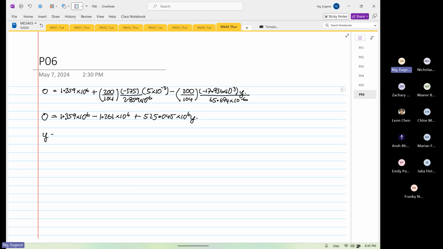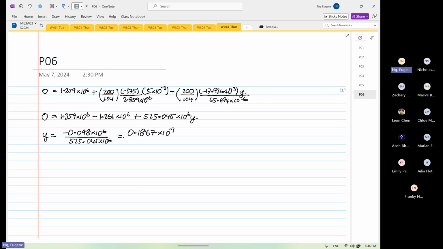So finally, Y will be equal to 1.359 minus 1.261, so minus 0.098 times 10 to the power 6, divided by 525.045 times 10 to the power 6. Okay. So 0.098 divided by 525.045 is equal to 0.1867.